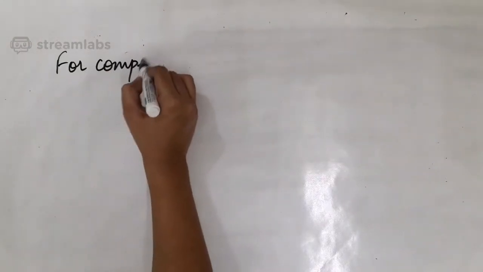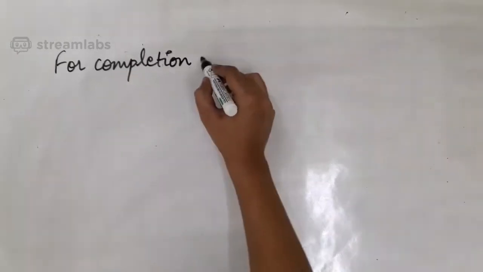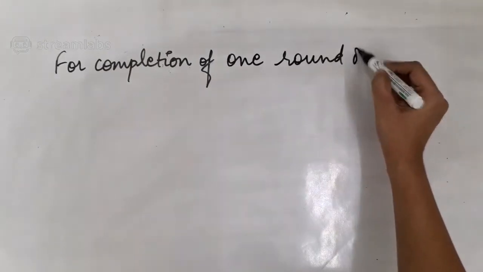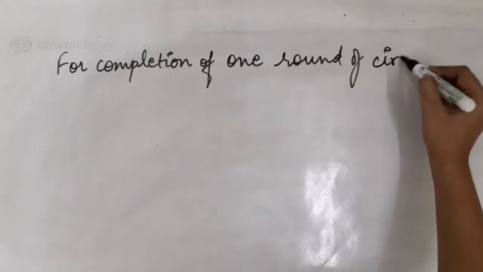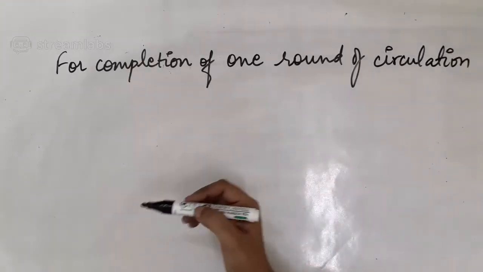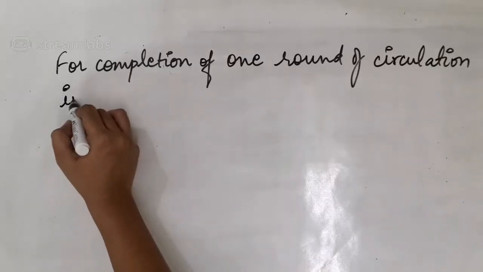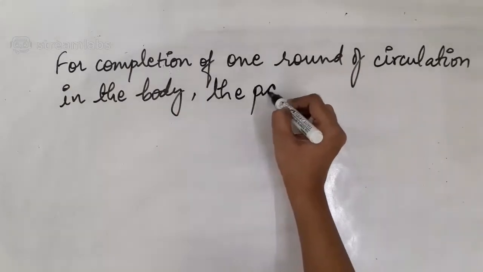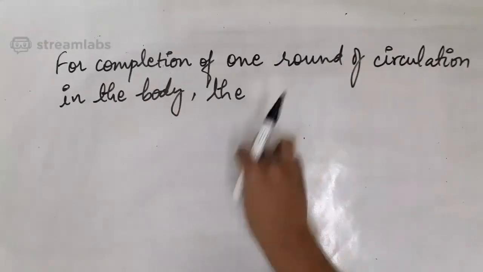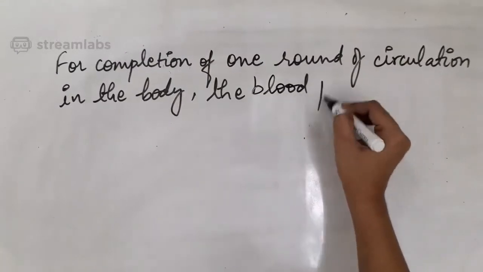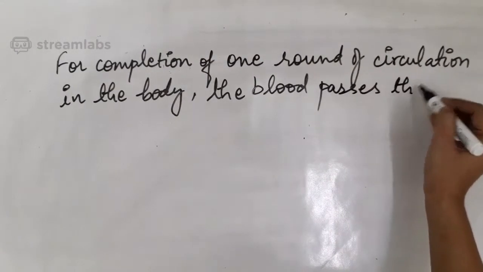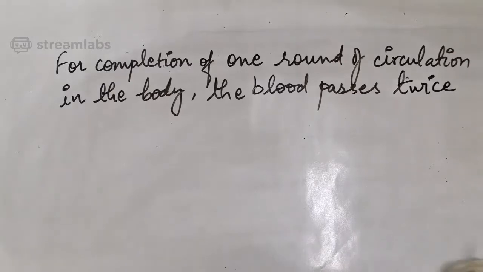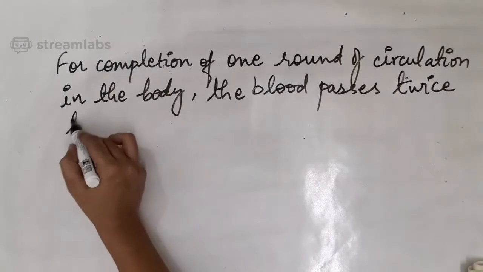For completion of one round of circulation in the body, the blood passes twice through the heart.